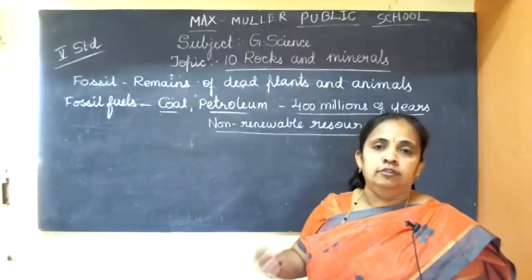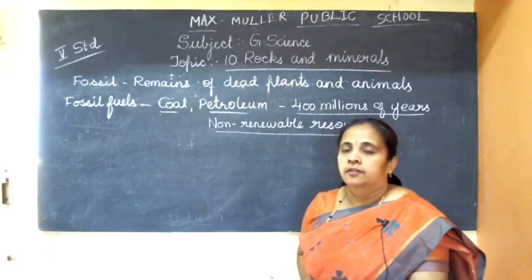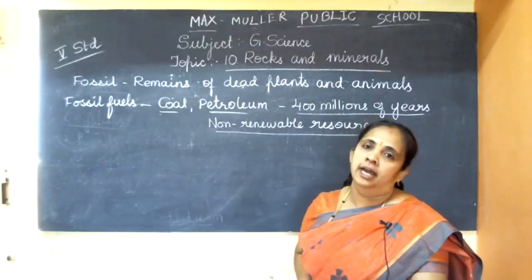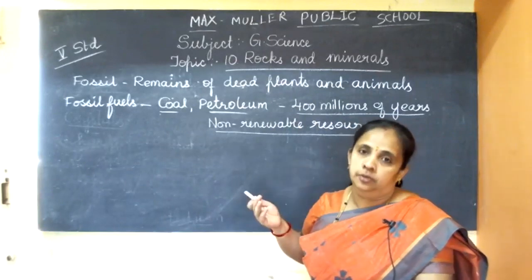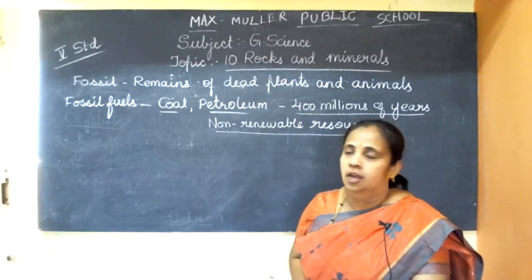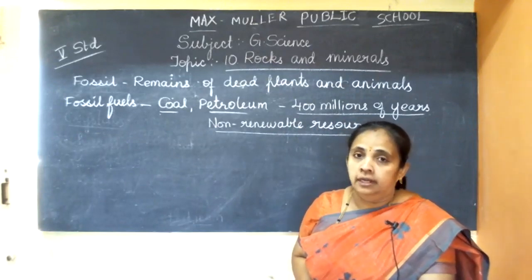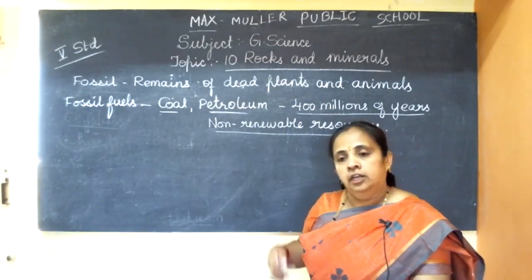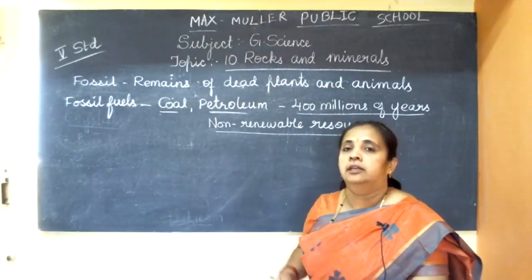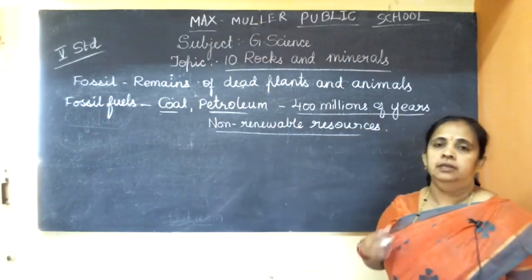If we waste it, our future generations will not have it, because its formation is not a fast process. It is a very slow process. It will get exhausted. So it is a non-renewable resource.